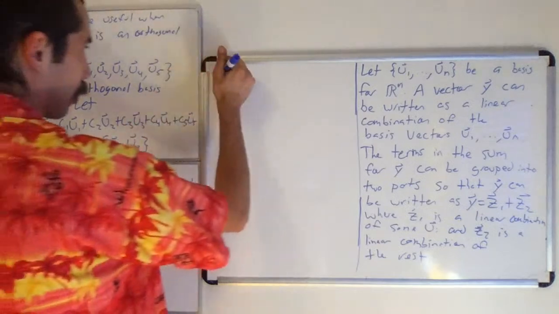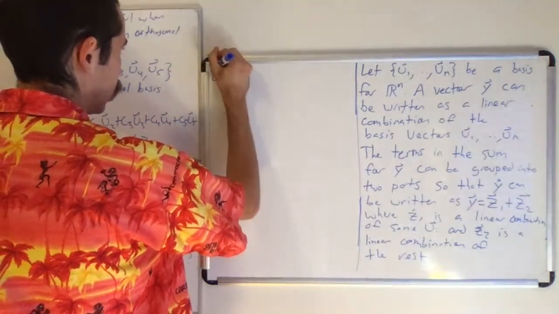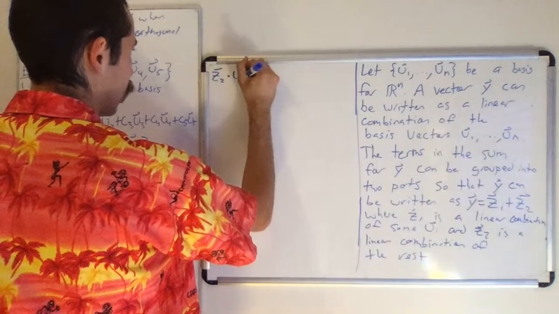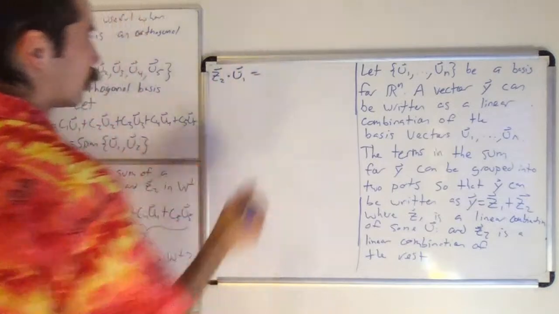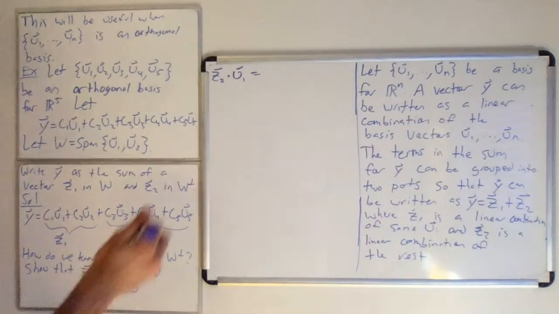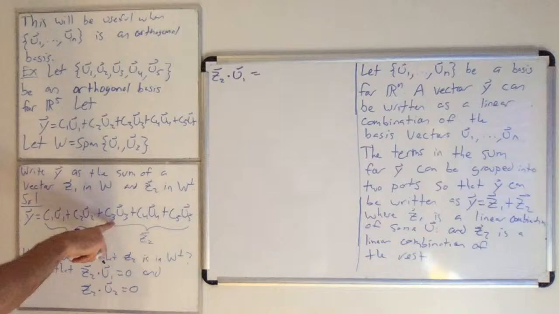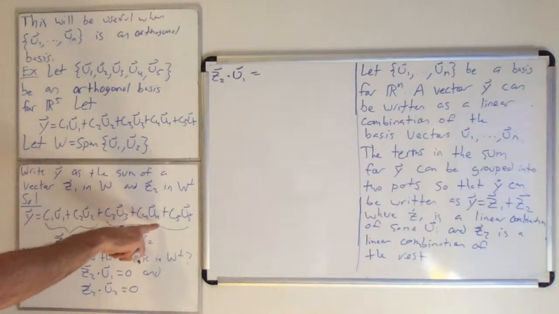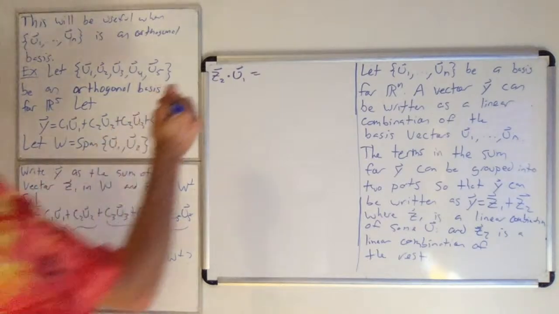So let's do this dot product, z2 dotted with u1. Well, z2 is c3u3 plus c4u4 plus c5u5.